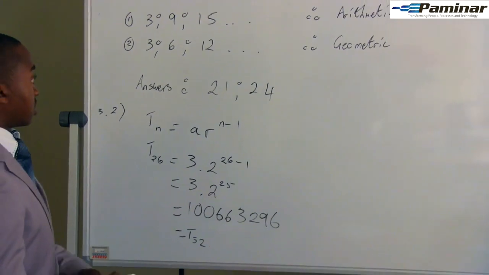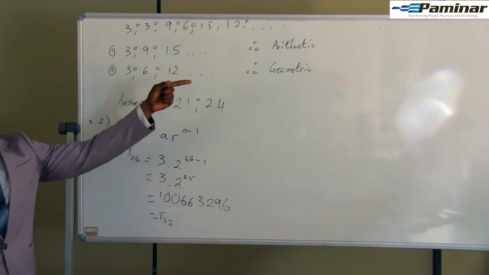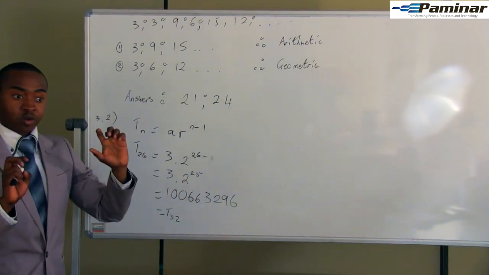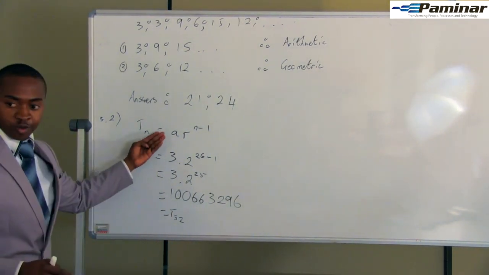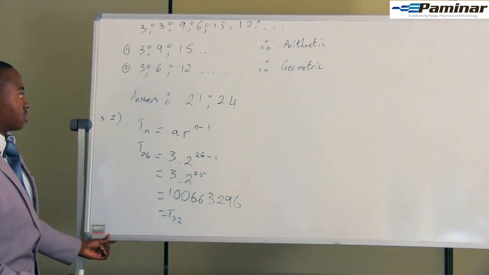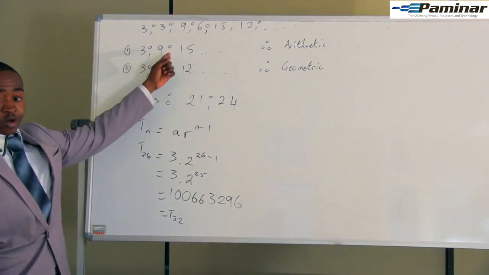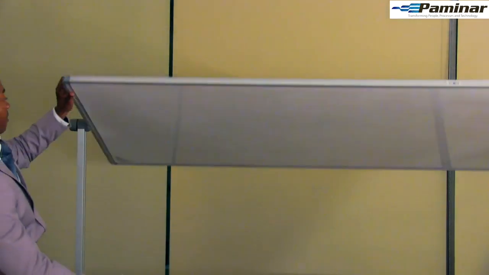Okay, so turning over, we already know that our odd numbered question is arithmetic. Once again, we're going to work with 26 terms, because we're working with 26 for both, since it's half. It's 26 for both arithmetic and geometric. Our common difference is 6. Our first term is 3.